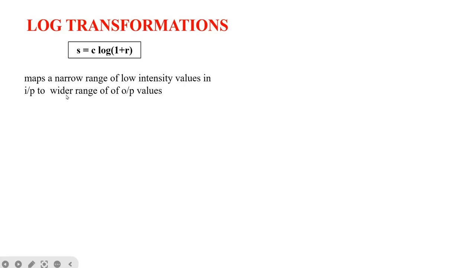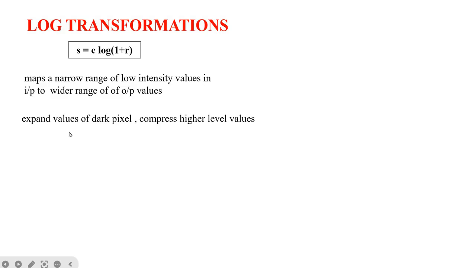The shape of the log curve shows that this transformation will map a narrow range of low intensity values in the input to a wider range of output levels, and the opposite is true of higher values of input levels.